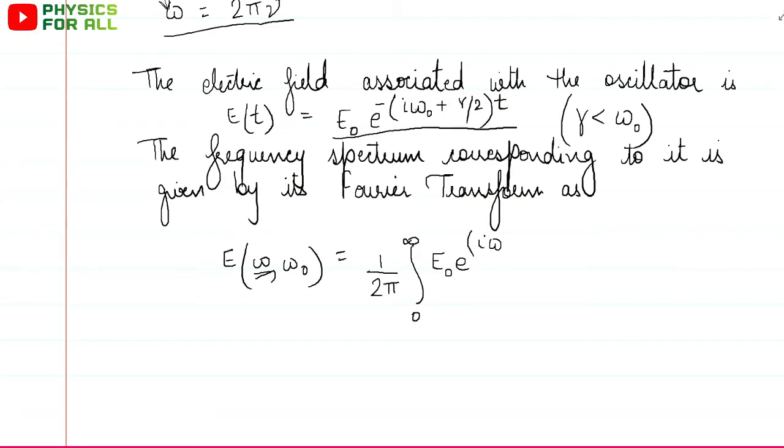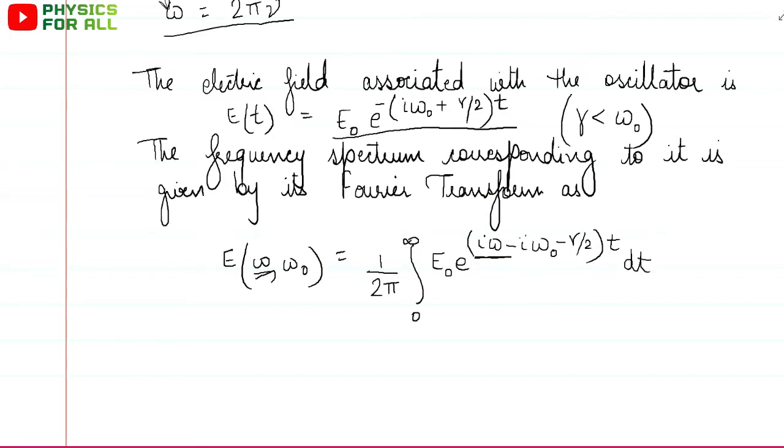And then I'm going to write this term, which is minus iota omega naught. And then comes this damping factor, which is minus gamma by 2. And this is time t. We just have introduced this quantity. And of course, dt would be there as this is an integral.